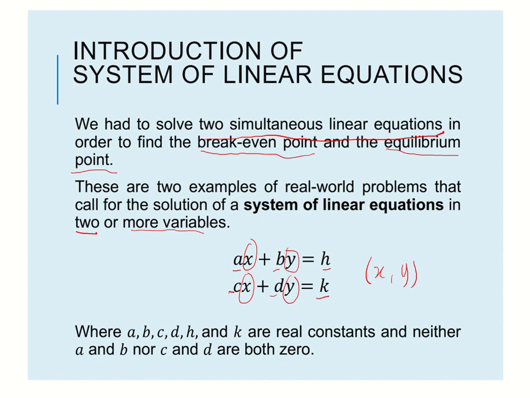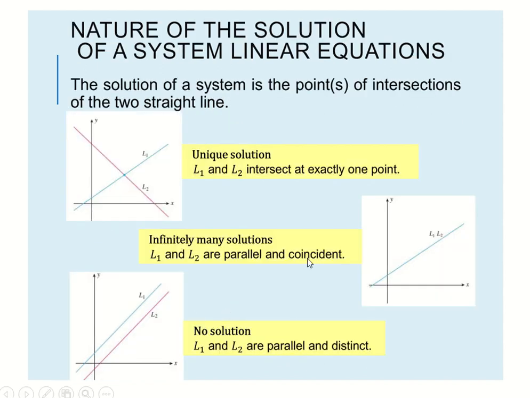Now basically, there are three types of solution for a system of linear equation. For the first type, we call this a unique solution.